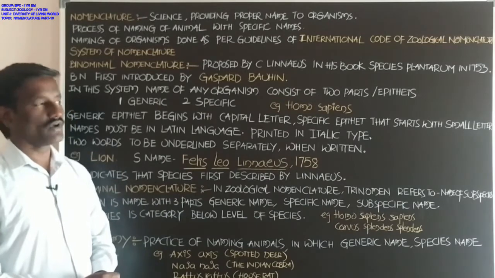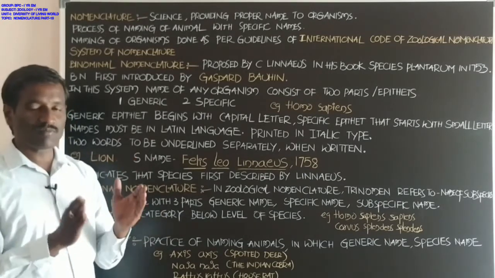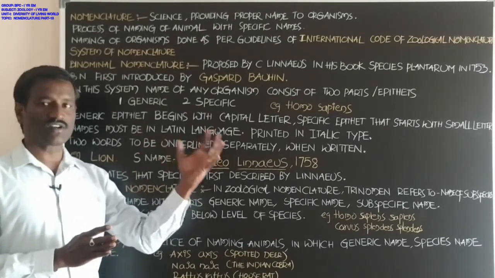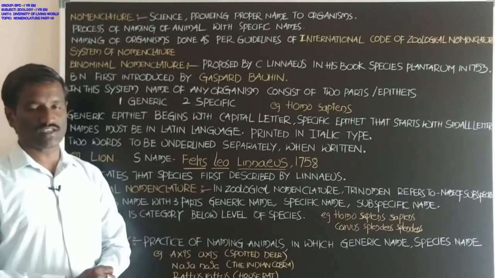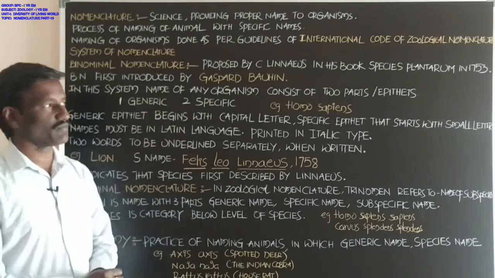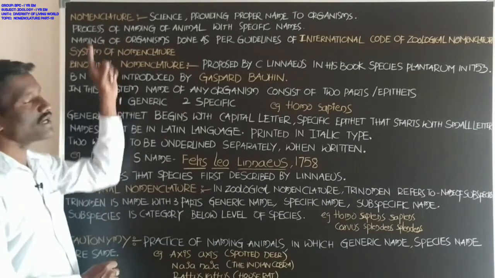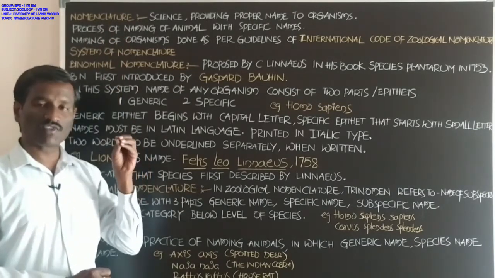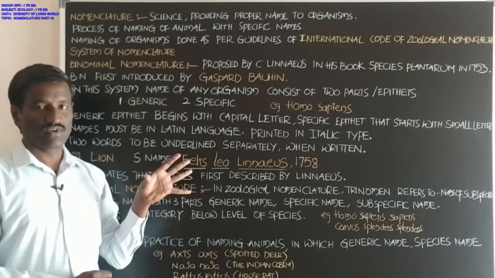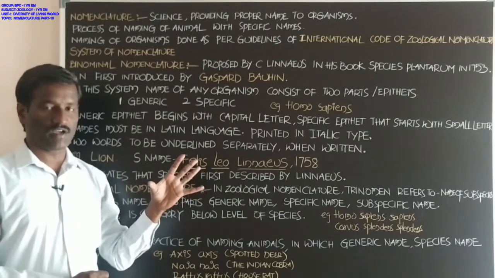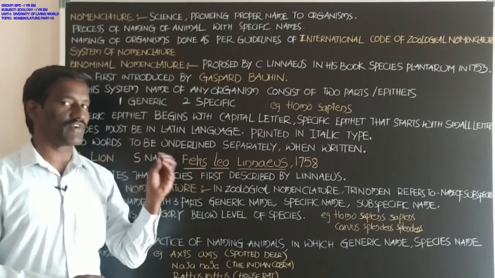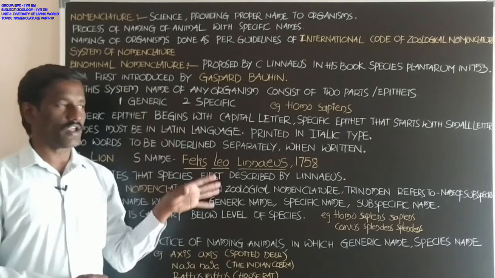Okay, students, this name is different from one region to another region, one place to another. But nomenclature gives a technical name, the scientific name. It is totally different from the local name.